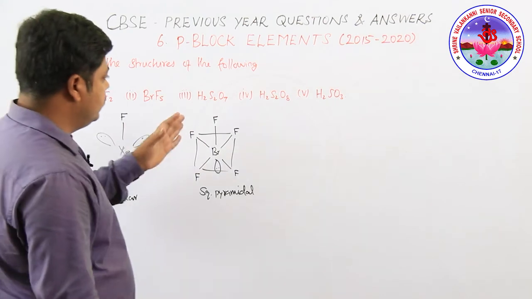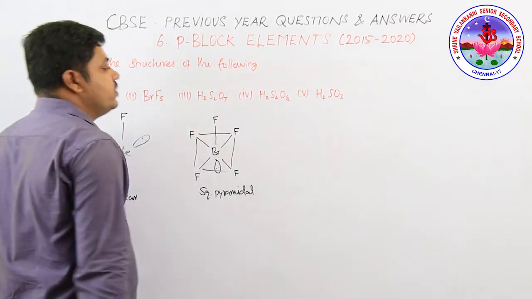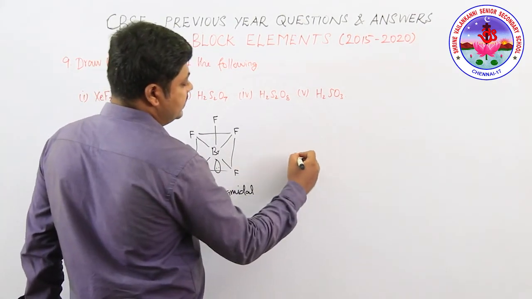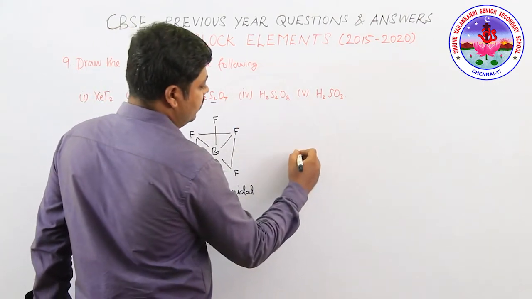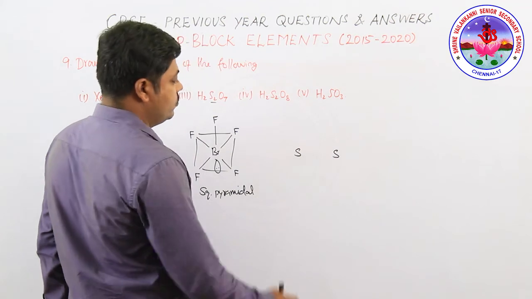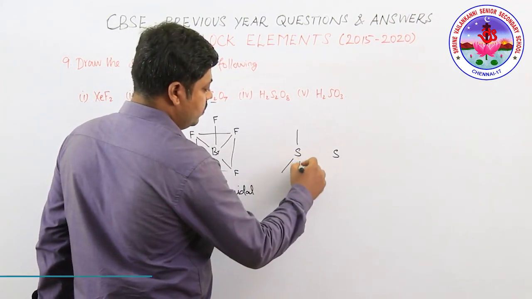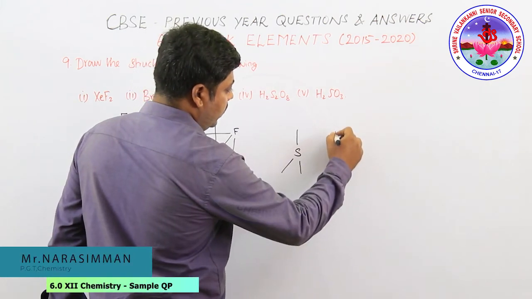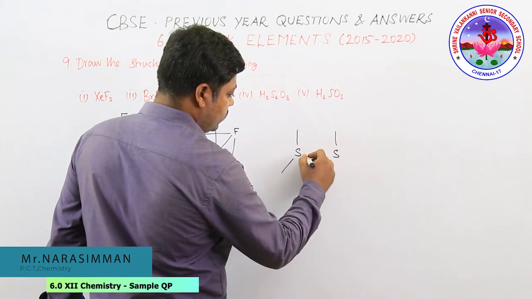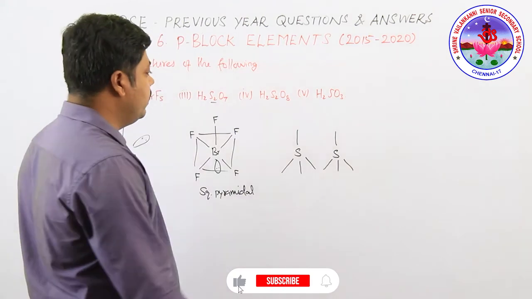Then the third, fourth and fifth structures. See, H2S2O7, just write the sulfur atom here like this, 2 sulfur atoms are there. Now the remaining is what?